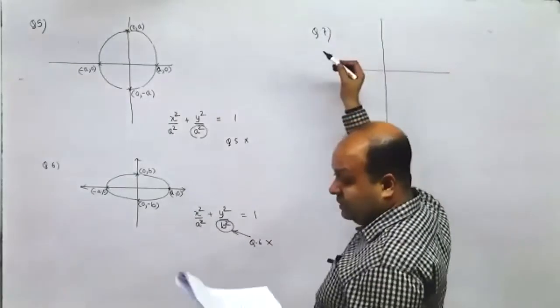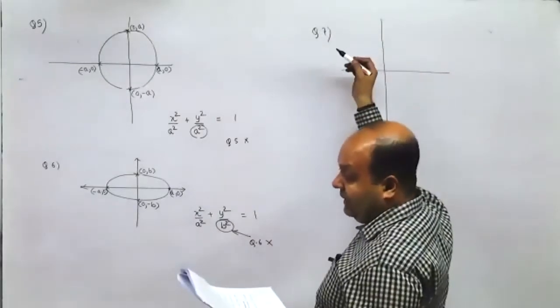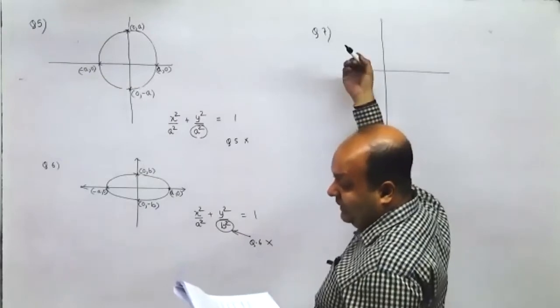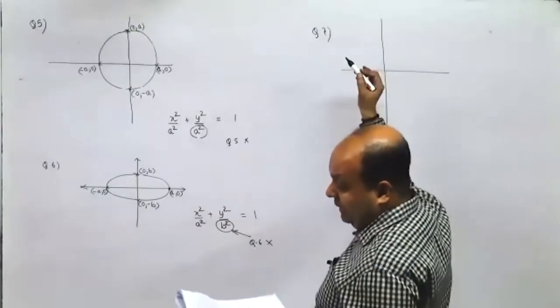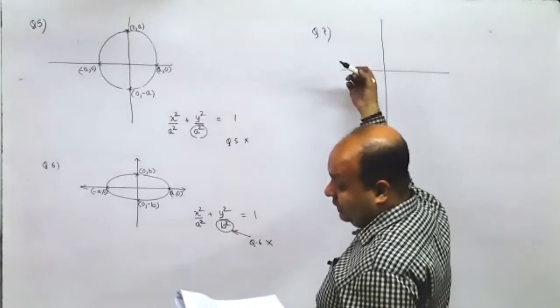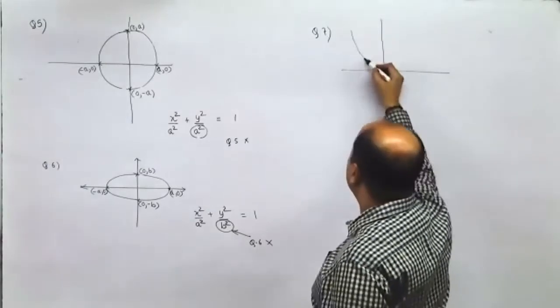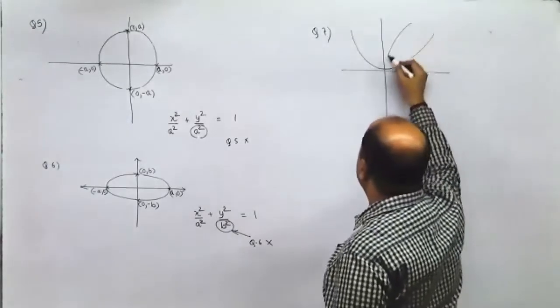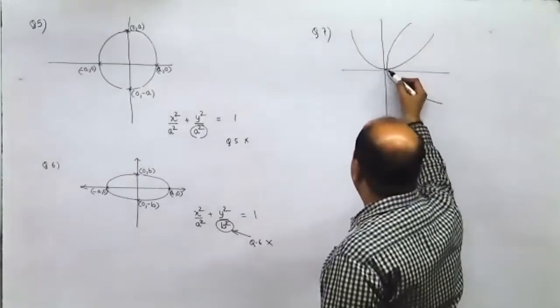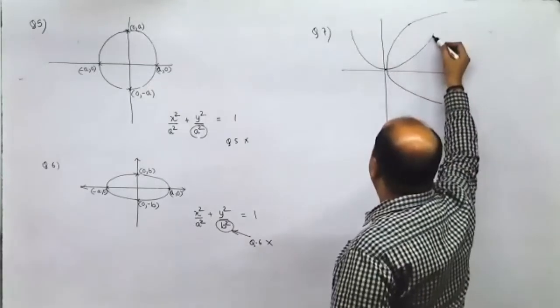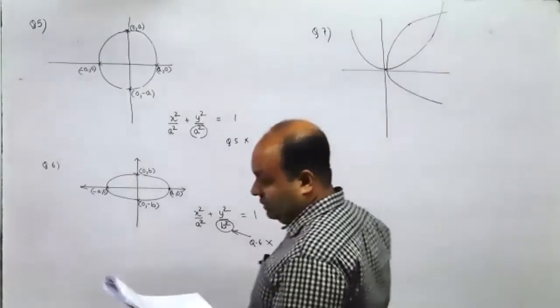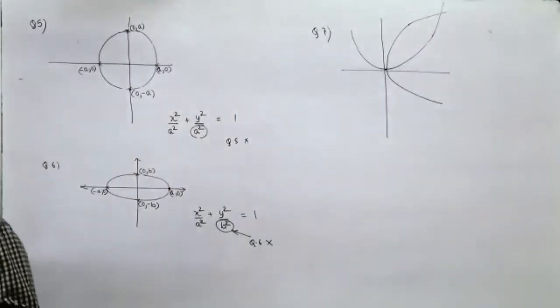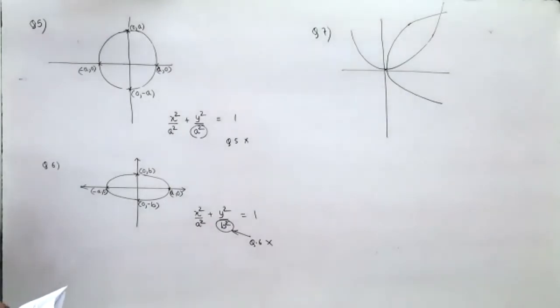The area of the curve between y equal to f of x and y equal to g of x and x axis is what? Now suppose this is one curve, this is another curve, and we want the area of the shaded region bounded by the two curves and the x axis.